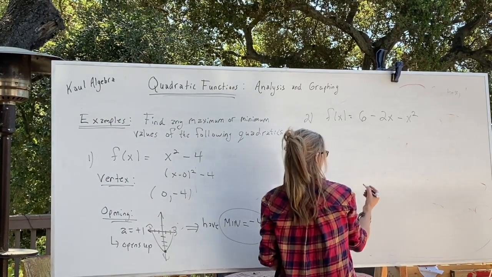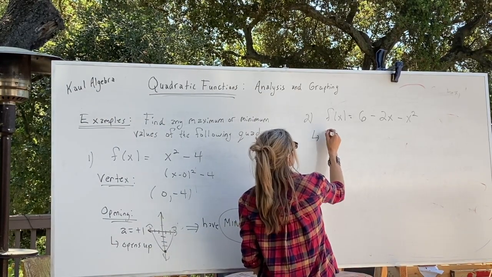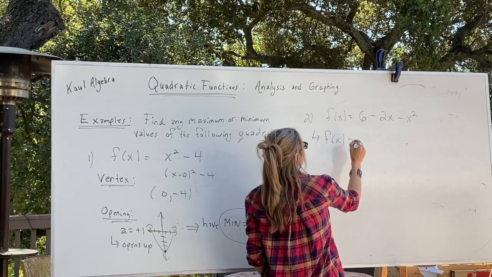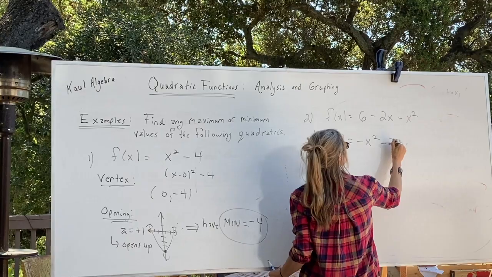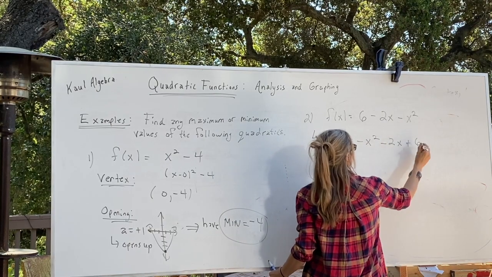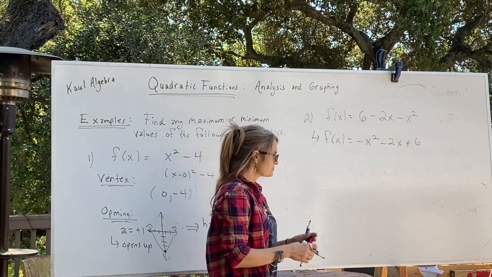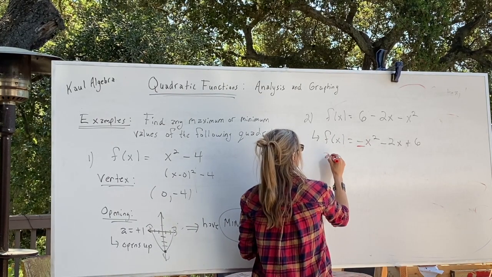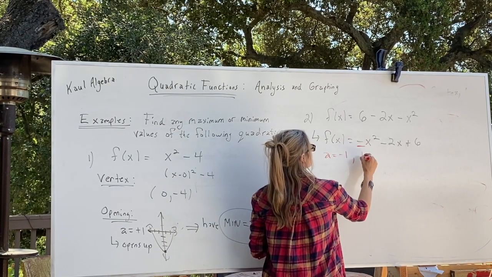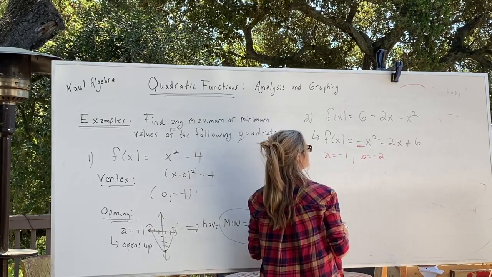standard form formula. So if I rearrange this, I have f of x equals minus x squared minus 2x plus 6. So this minus 1 right here is my a value, and my b value is minus 2.